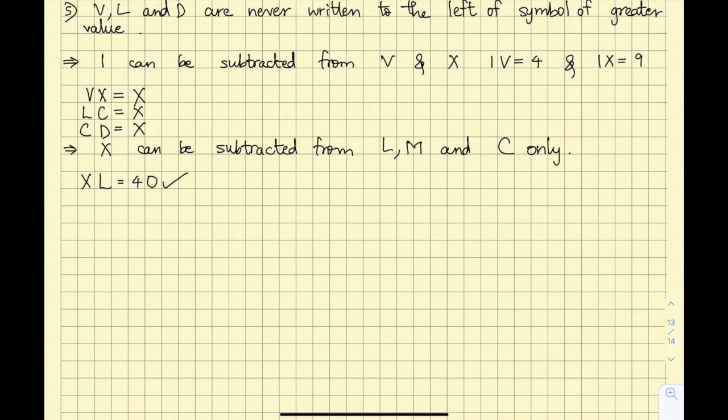Similarly, you write M, so M is 1000, before that you write 10, so 1000 minus 10 will give us 990. This is the correct way of denoting. C, that stands for 100, before that you write X, so 100 minus 10 is 90. These all are also correct.